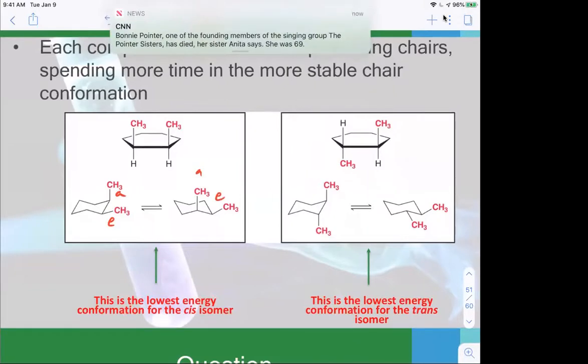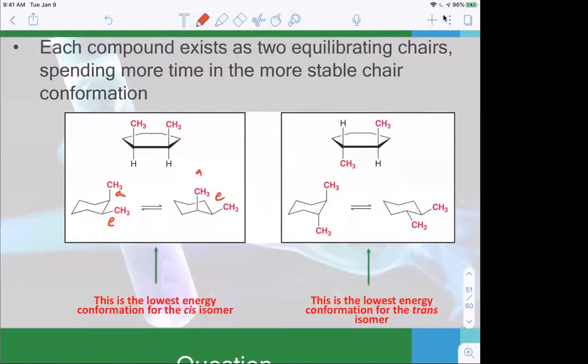These are going to be equivalent, right? One is always axial, one is always equatorial. Here, this is axial, this is axial, this is equatorial, this is equatorial. This is going to be the lowest energy conformation for the trans isomer.